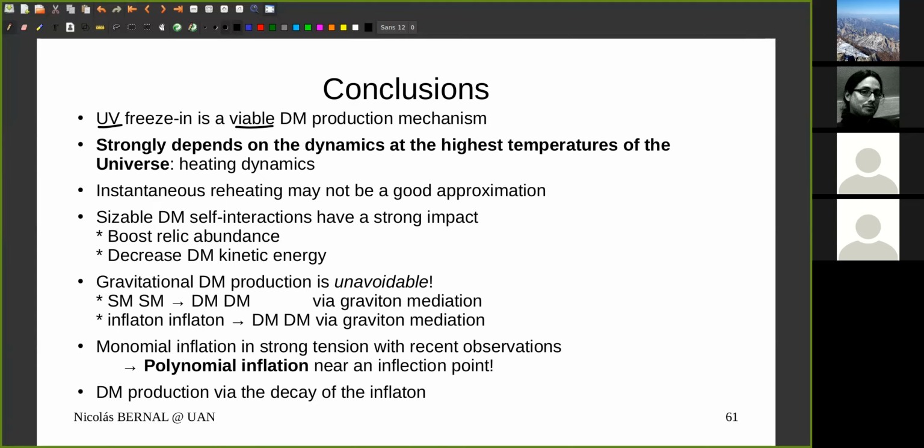And it strongly depends on the dynamics at the highest temperatures of the universe, meaning if you want to compute that, you have to care about inflation and in particular about the reheating dynamics. In that case, instantaneous reheating may not be a good approximation.